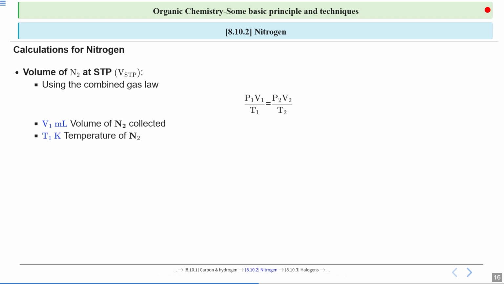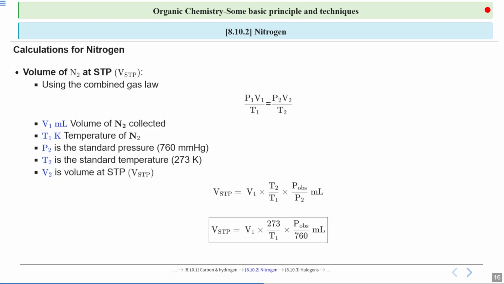Then T1 is the temperature at which the nitrogen was collected, measured in Kelvin. Then P2 is the standard pressure, which is 760 millimeters of mercury, or mm of Hg. T2 is the standard temperature, which is 273 Kelvin. So finally, V2 is the volume of nitrogen at STP, which is what we are trying to find.